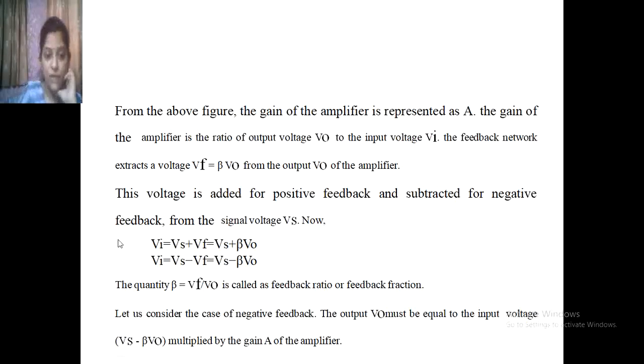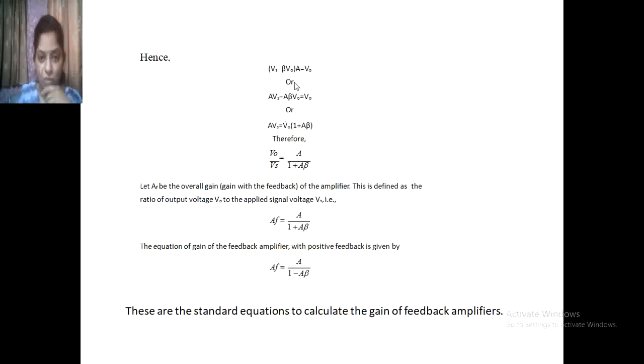Due to that we have written input is equal to Vs plus Vf for positive feedback, and Vs minus Vf for negative feedback. We know that the quantity beta is nothing but Vf by V0, the feedback fraction. Let us consider negative feedback: the output Vout must be equal to the input voltage multiplied by the gain A. So Vout is given by this equation.